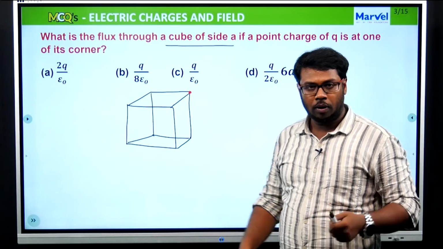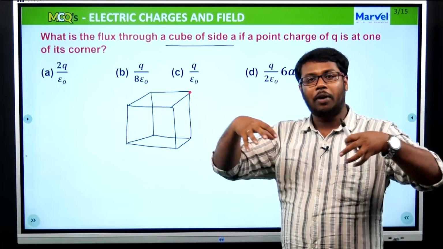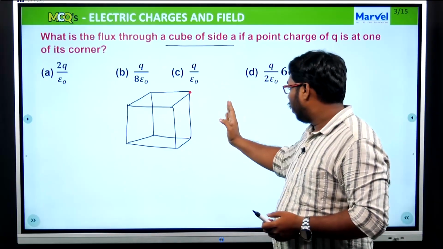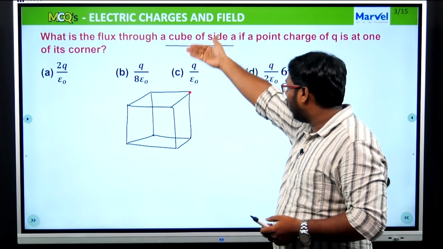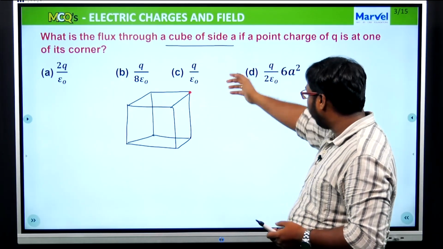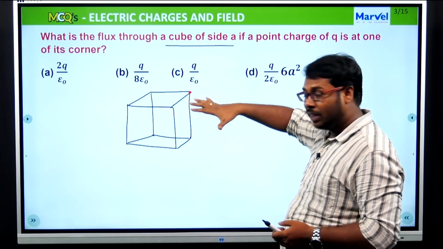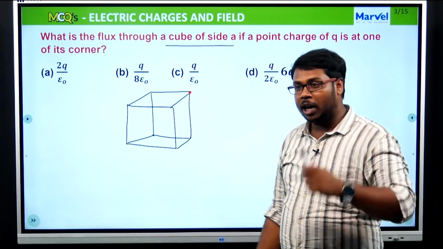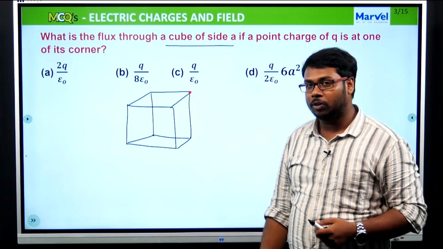So totally 4 cubes at the bottom and 4 cubes at the top. Please imagine, second one on the right, third one behind this, fourth one behind this imaginary cube. Like this, I will be keeping 4 more cubes on the top. Only then I will be able to enclose the entire charge.